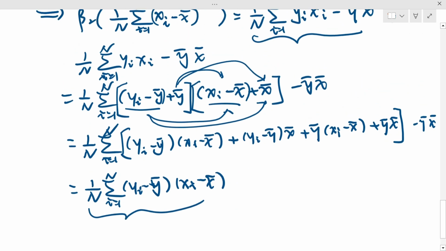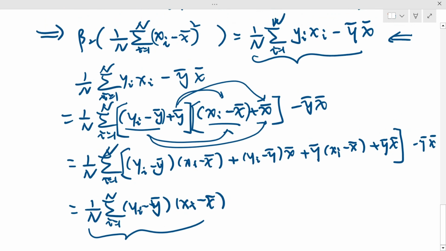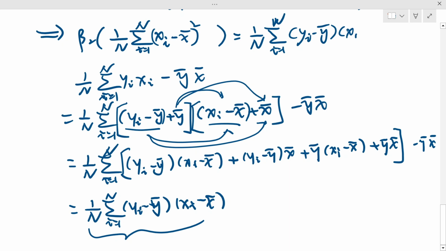So we know that this is actually equal to yi minus y bar times xi minus x bar.